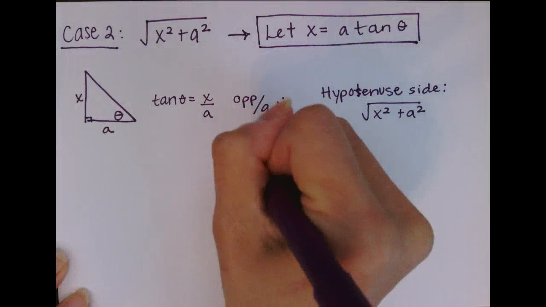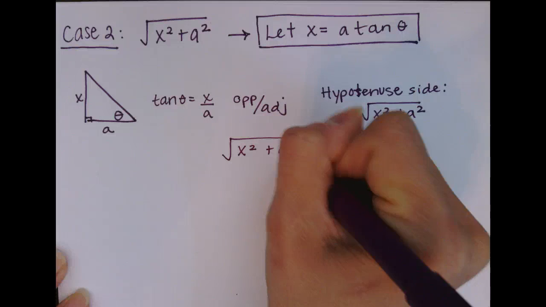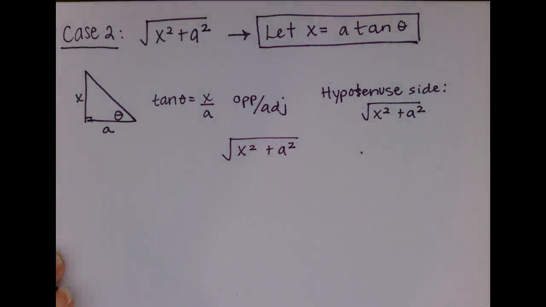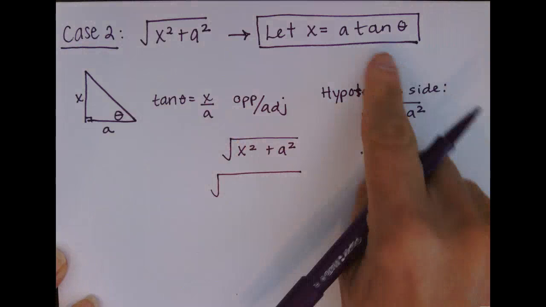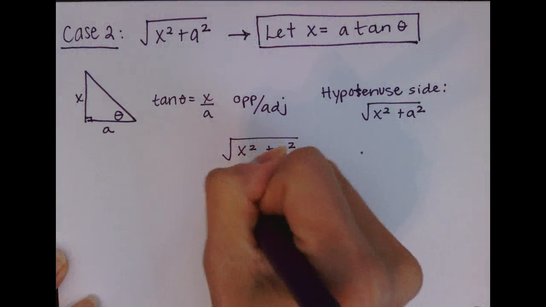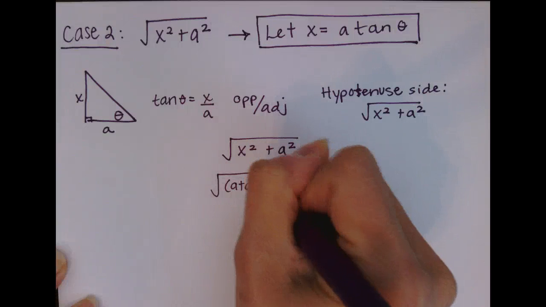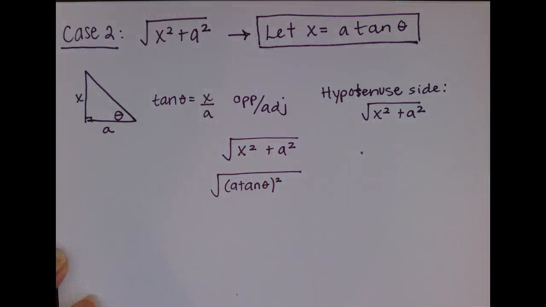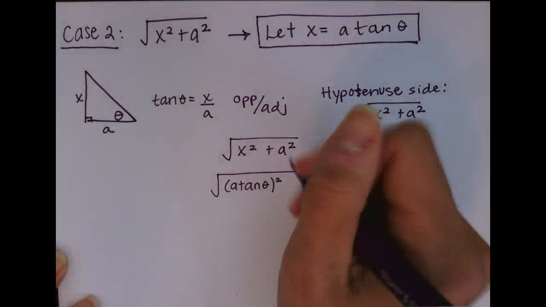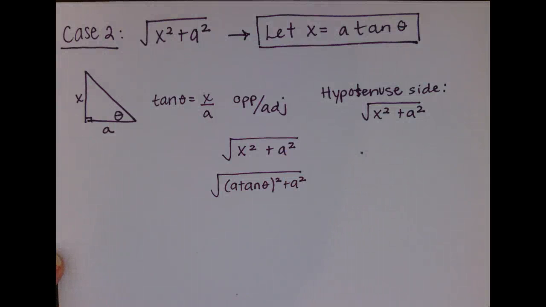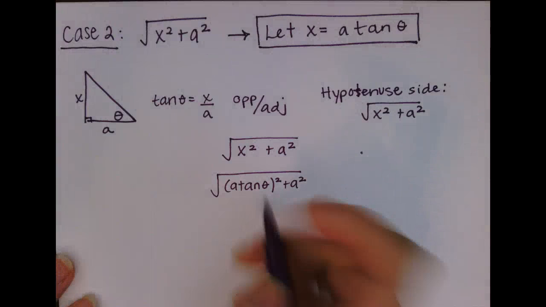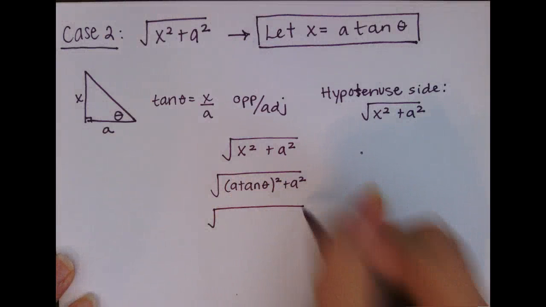So let's do a similar proof where we're starting with the length of that hypotenuse side, and we're going to let x equal a times the tangent of theta. So we have a times the tangent of theta squared plus a squared. Let's continue to do some algebraic manipulation here.